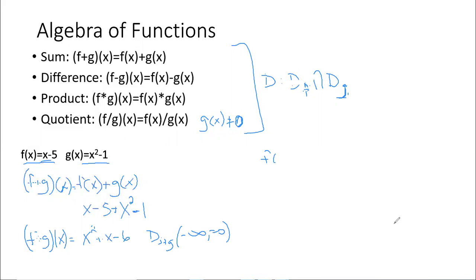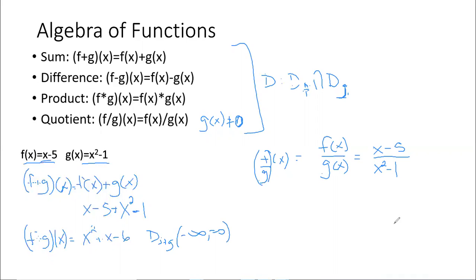Okay? If we want to take a look at f divided by g of x, again, this is f of x divided by g of x. So we plug those functions in. f of x is x minus 5. g of x is x squared plus 1. So this is our quotient function.